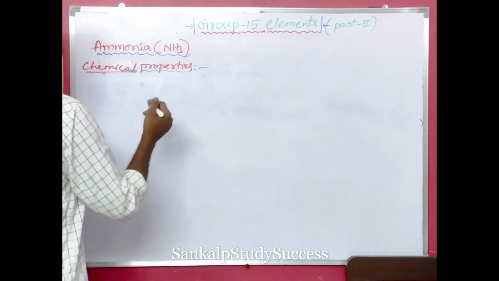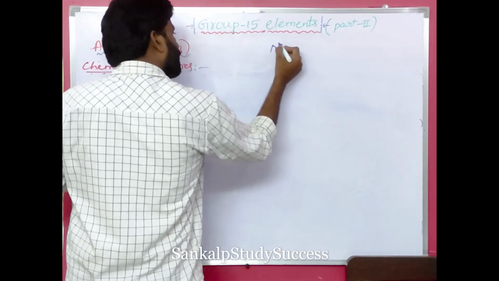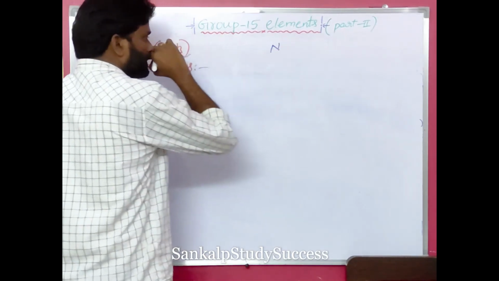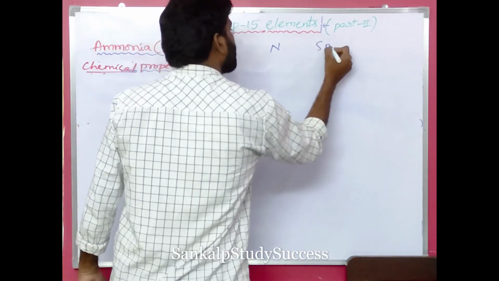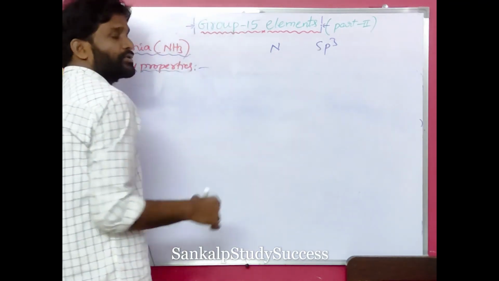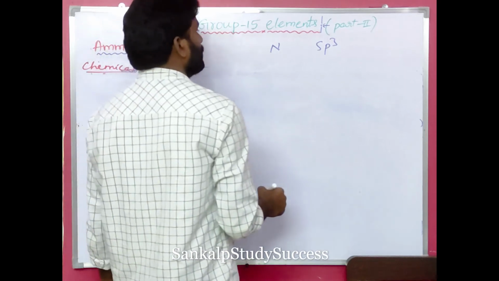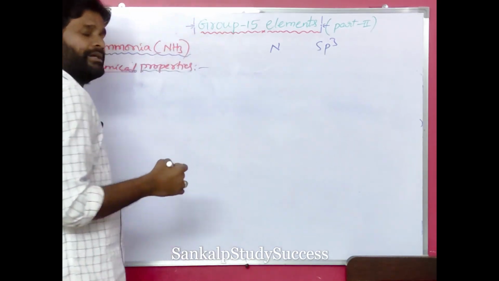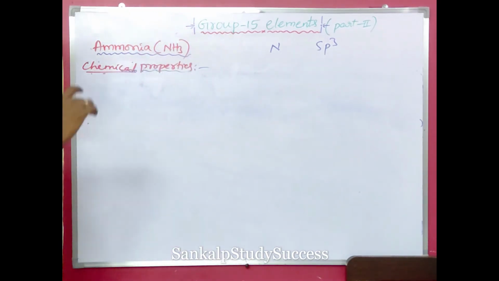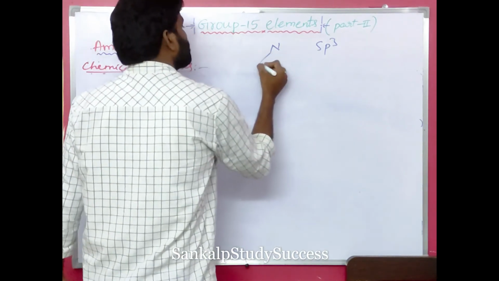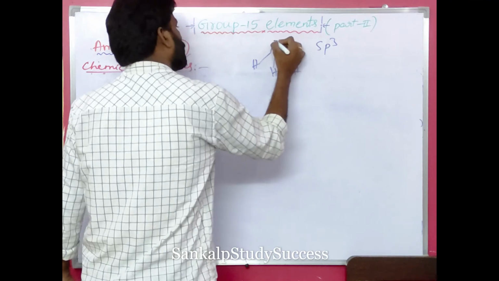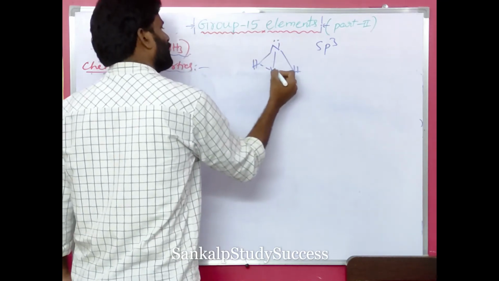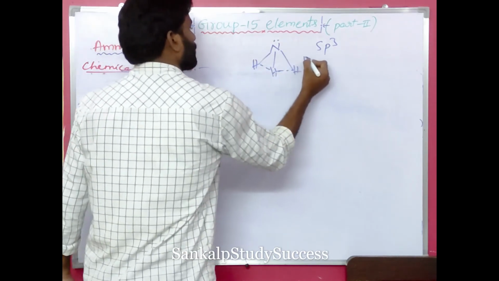In ammonia, the nitrogen undergoes sp3 hybridization. According to sp3, its structure should be tetrahedral, but its structure is pyramidal because it contains 3 bond pairs and 1 lone pair.